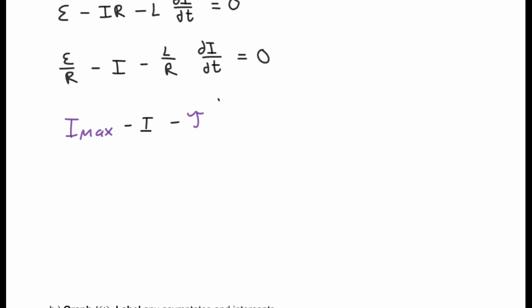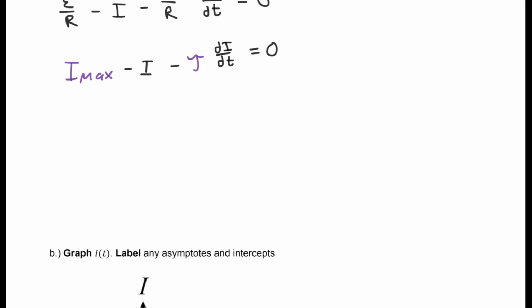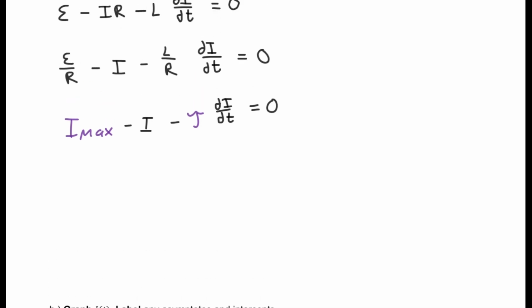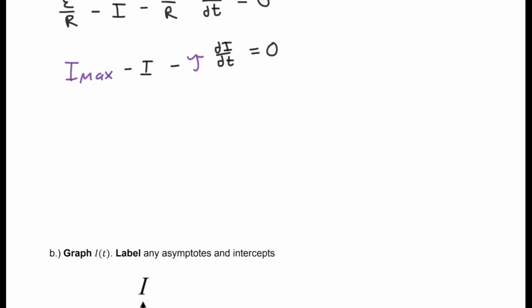And this is just done to clean up some of the letters so that it makes the equation a bit easier to look at. So now we'll separate. So I'm going to move everything that's not, I'm going to try to move everything to the other side here.